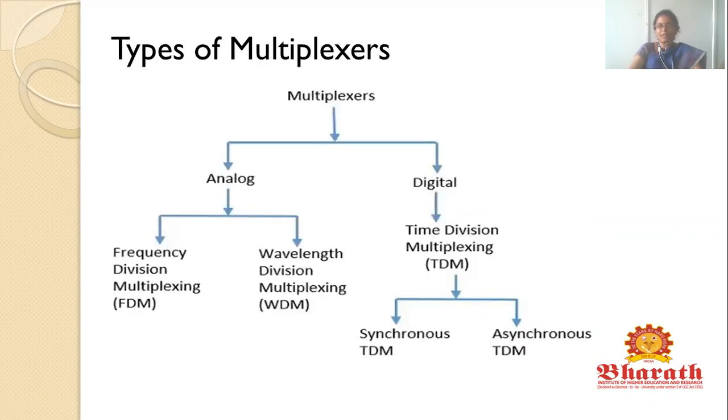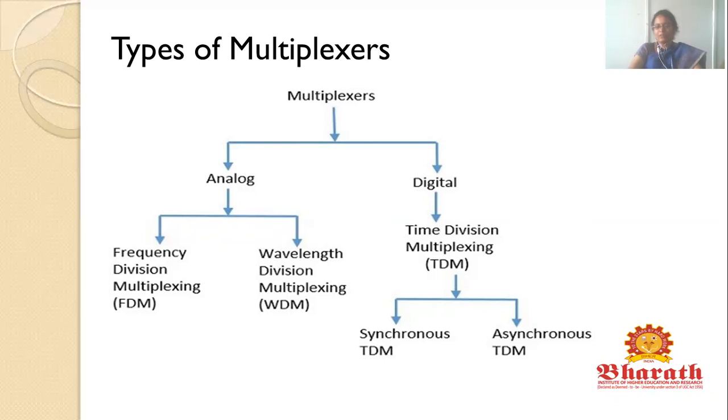Next are the types of multiplexer. The multiplexer is basically divided into two types, analog and digital. The analog multiplexer is again divided into two categories: frequency division multiplexing and wavelength division multiplexing, that is FDM and WDM. The digital multiplexer is classified as time division multiplexing, denoted as TDM.